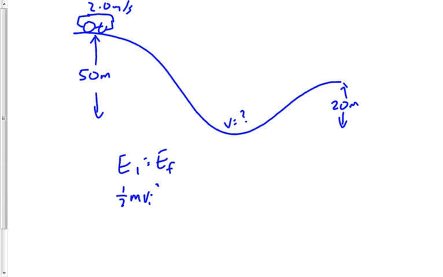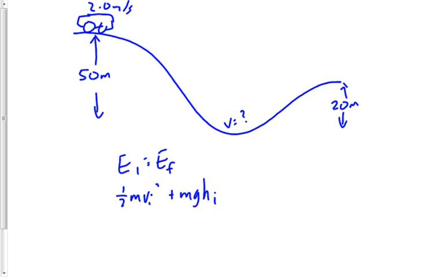Kevin? Yes? How do you know? Good, because it's above the ground. It's got a height. Relative to the ground, it's got gravitational potential energy. Now, relative to the top of the hill, it doesn't, but presumably we're going to define everything relative to the ground here. So there is gravitational potential energy. Let's add those two together: the initial kinetic energy plus the initial potential energy.